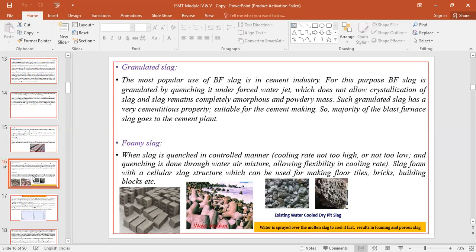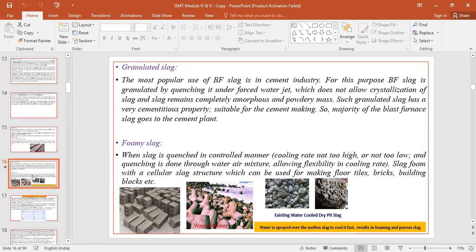These are the two liquid products which come out from the blast furnace at the bottom. Apart from this, there is another one, the gaseous product, that is the BF off gases, which goes out from the top of the blast furnace.